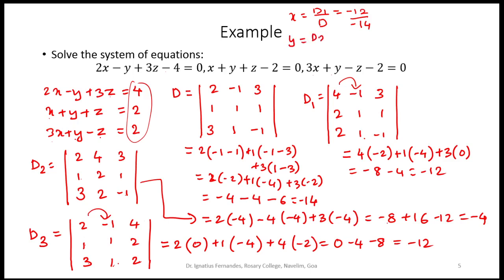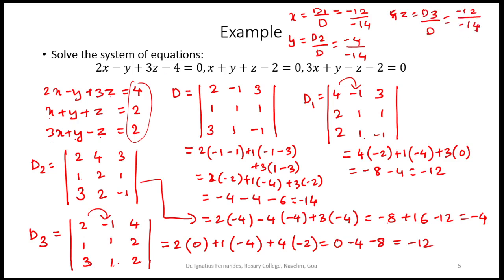Y is equal to D2 upon D. That will give you D2 here is minus 4 upon D here is minus 14, and I can write down z as equal to D3 upon D. D3 is equal to minus 12 upon D is minus 14.